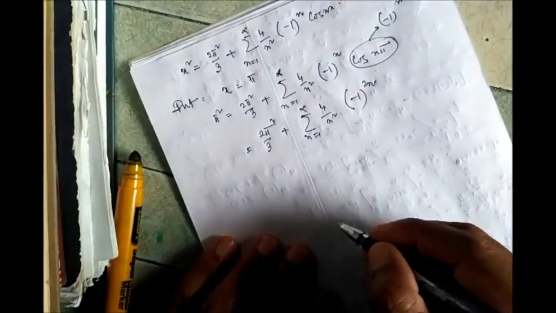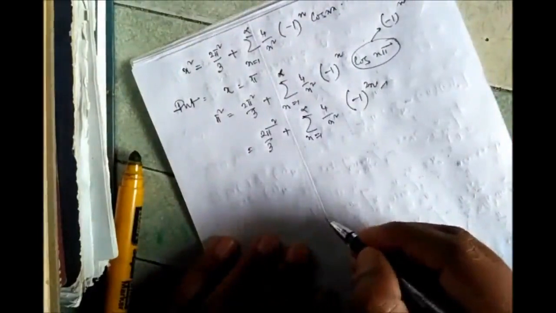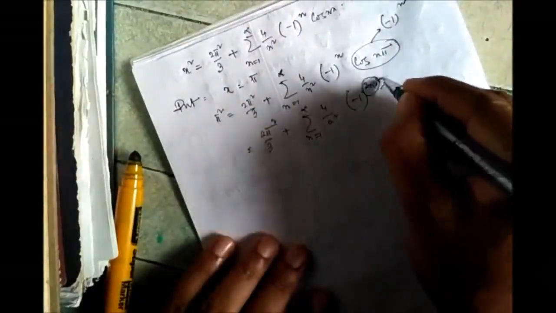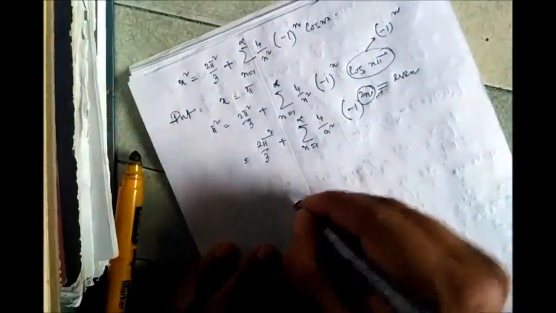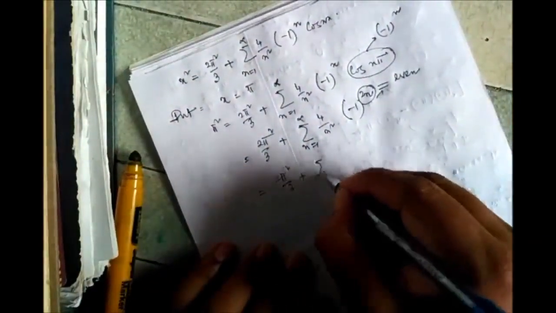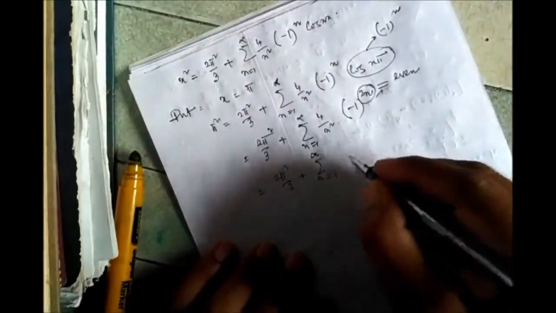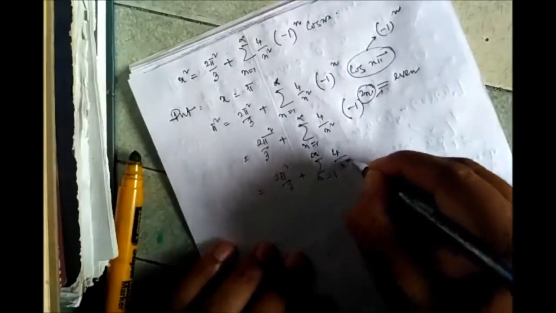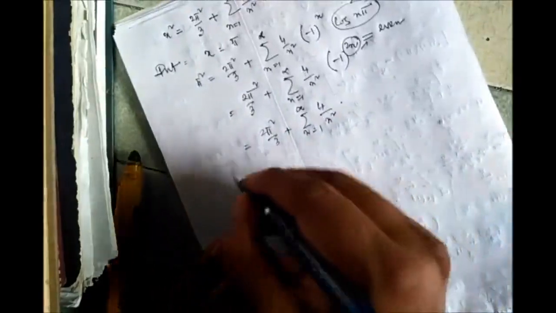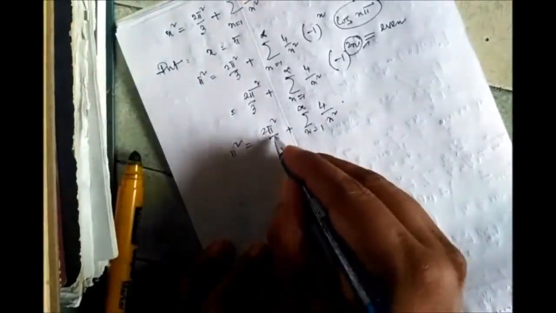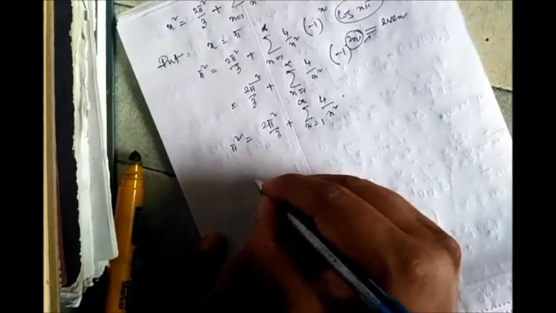Now for any value of n, twice n is always even. As this is even, this gives me 2 pi square by 3 plus sum over n equal to 1 to infinity of 4 upon n square. Now bring this 2 pi square by 3 to the left hand side. What you will get?